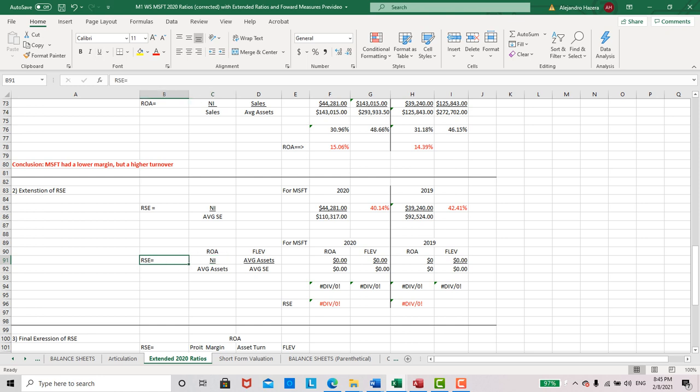So therefore, return on shareholders' equity can be broken down into two components. One is just simply return on assets. The other one is you take that times financial leverage, which is your average assets divided by your average shareholders' equity. And they'll give you the same number because if you take the product, the average assets cancels out.